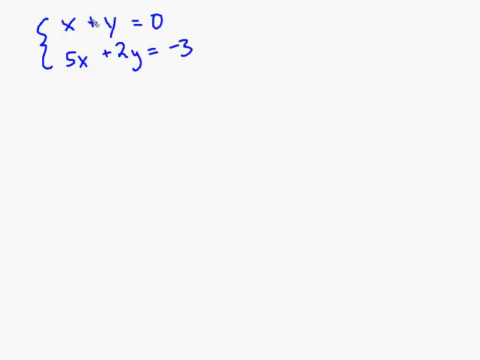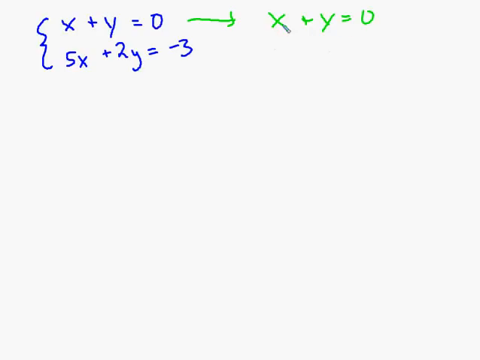Alright, so in this case, actually we'll probably do one more after this. I don't have anything already solved for. So then I select one. So I'm going to actually select this first one. So I'll bring over here x plus y equals 0.